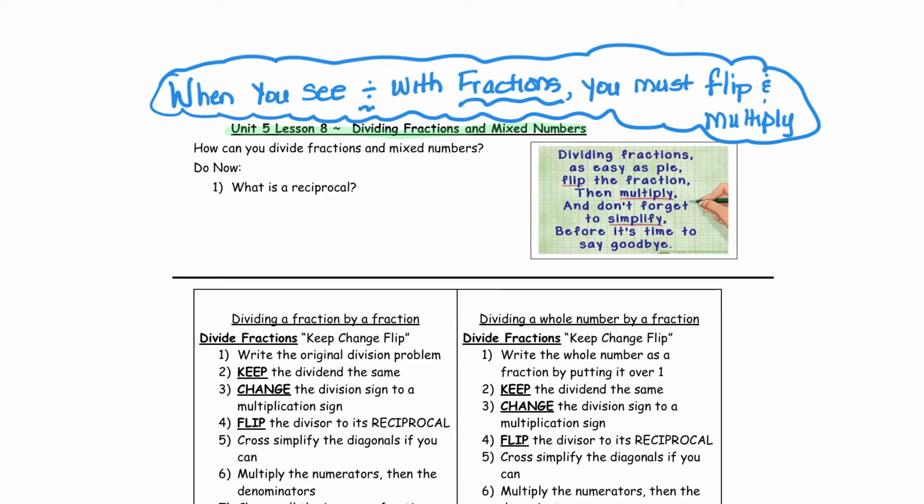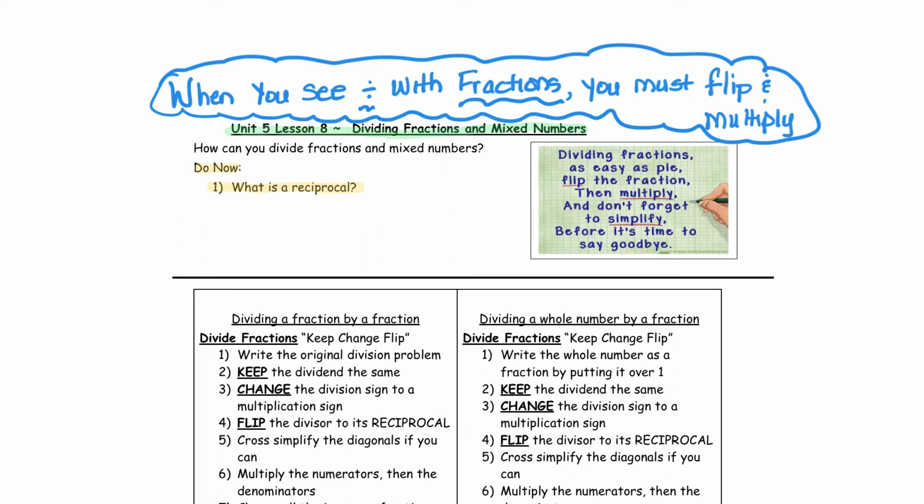Our do now for today is a question that asks us, what is a reciprocal? A reciprocal. You may have heard this in the past in math class. A reciprocal is when you have a fraction and it is inverted so that you can get an answer of 1 when you multiply the two fractions.